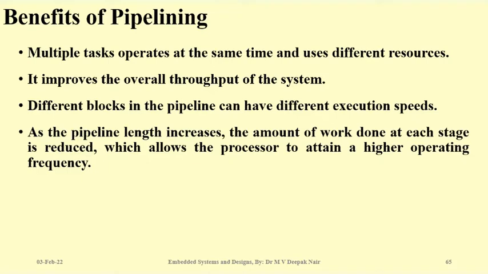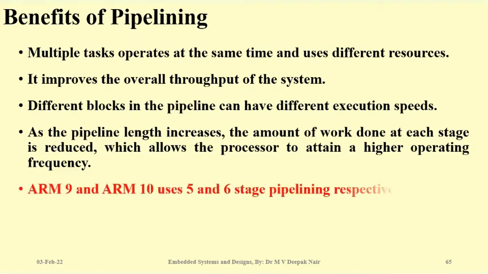As the pipeline length increases, the total time period increases, while the amount of work done by each stage is reduced. This is the trade-off, you can say. If you have a better processor, it will have better operating frequencies. This sentence is a bit confusing. Anyway, you can say it is having more speed overall.